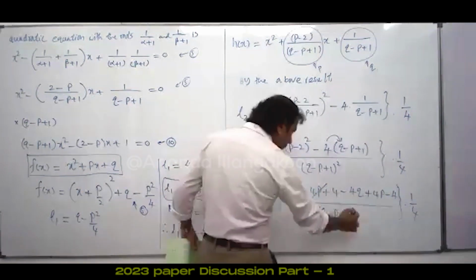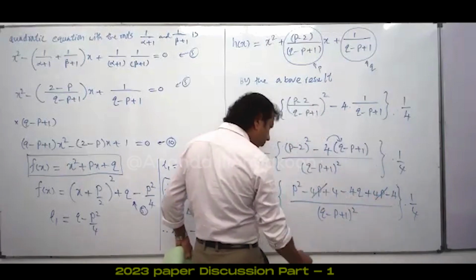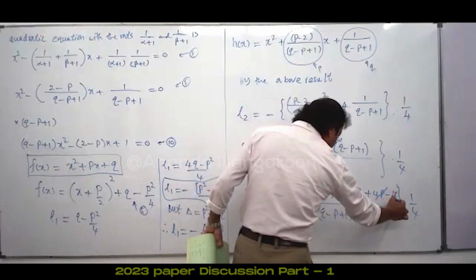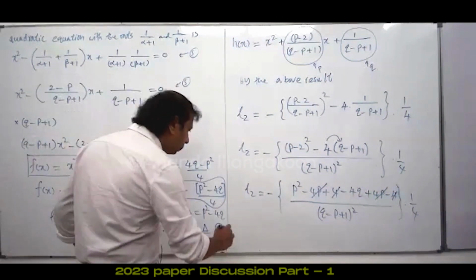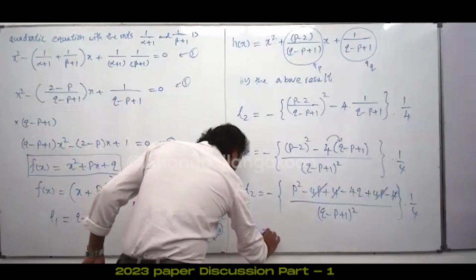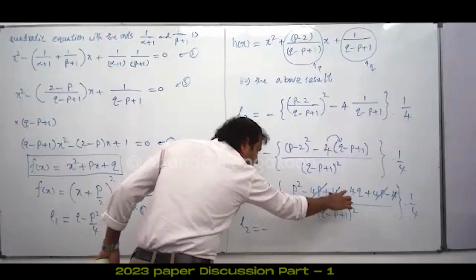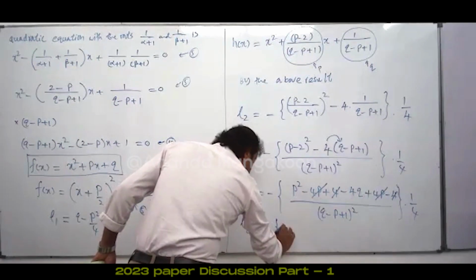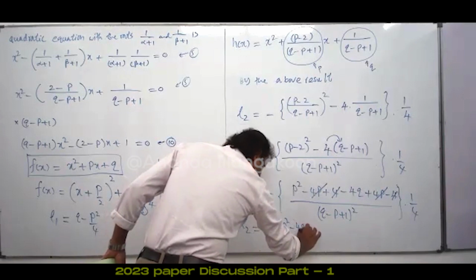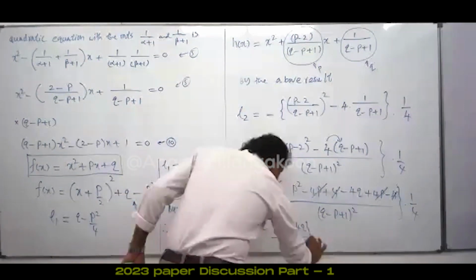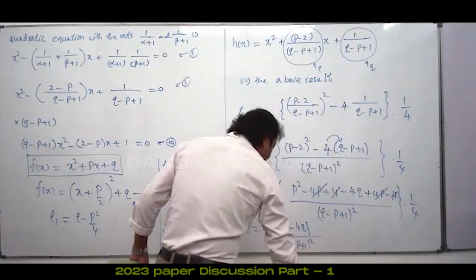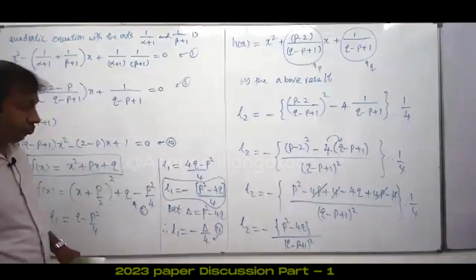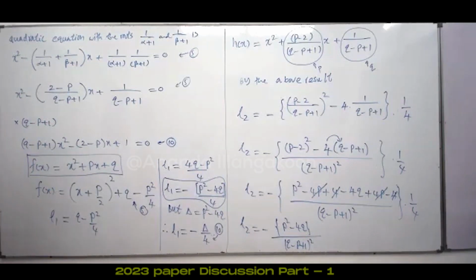This minus 4P plus 4P you can cancel down. 4 and minus 4 you can cancel down, no? Then we get L2 minus P squared minus 4Q divided by what? Q minus P plus 1 perfect square, like this. Correct, no?